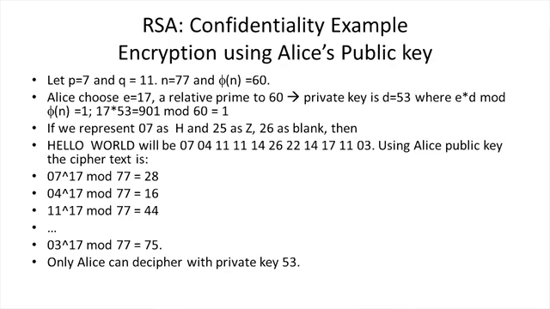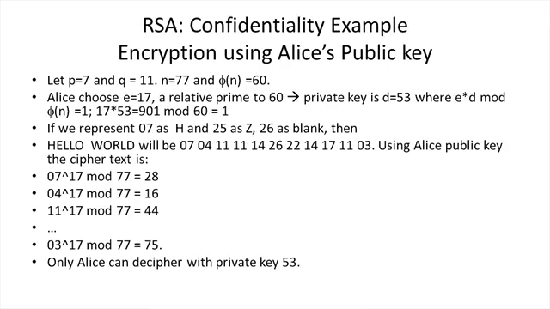And so on until the last number, 3 to the power of 17 mod 77, is 75. Bob then sends all these encrypted numbers, 28, 16, 44, all the way to 75, to Alice. Only Alice has the private key, so only she can decipher the messages.